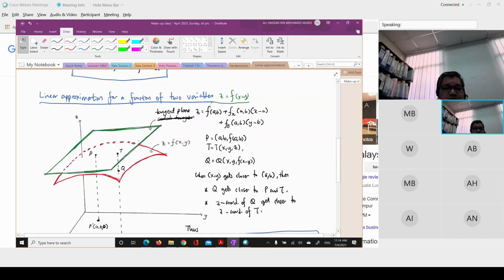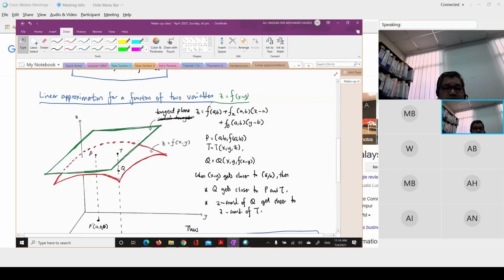Then the point Q gets closer to P. Point Q also gets closer to the point T, capital T here. Therefore, the z coordinate of Q gets closer to the z coordinate of T. And therefore, we have this approximate relation here.